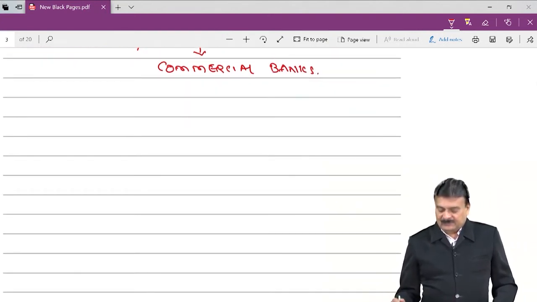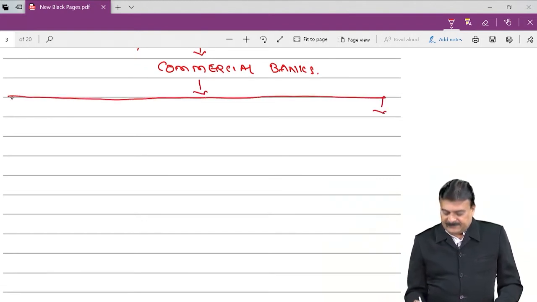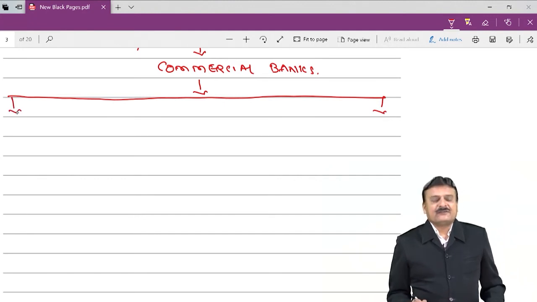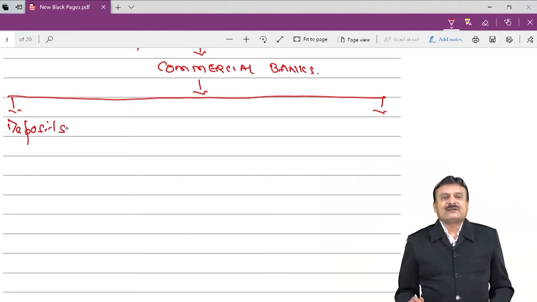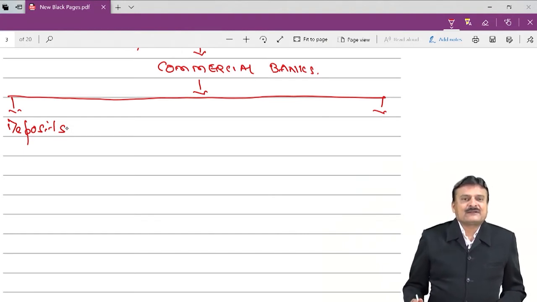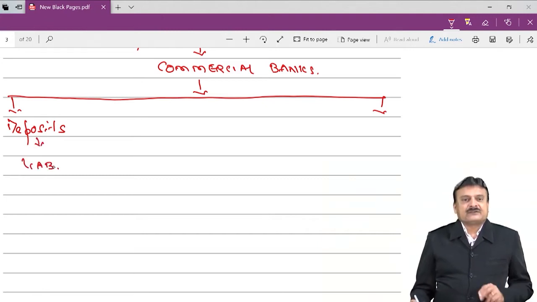Now, what is a commercial bank? As a rough idea, you can say that a commercial bank is an organization which accepts deposits from the public. This deposit becomes definitely a liability for the bank because it is payable by them.